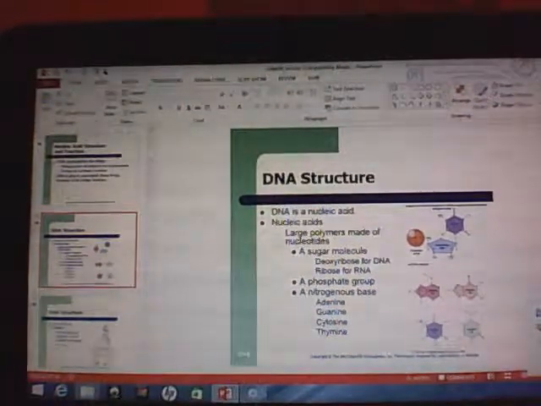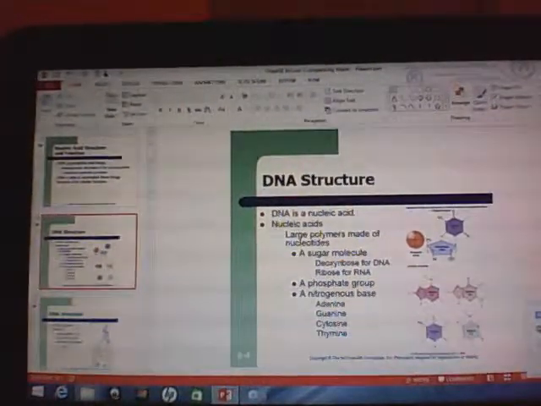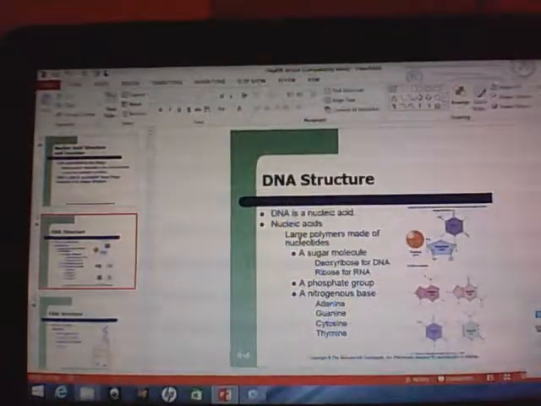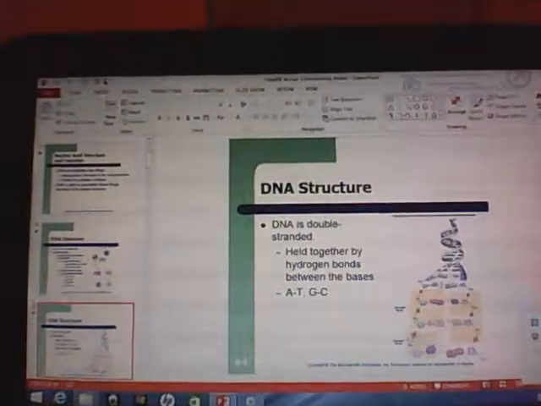Remember, sugars end in OSE. It has a phosphate group, talking about DNA, and then it has the nitrogen in its base: adenine, guanine, cytosine, and thymine.